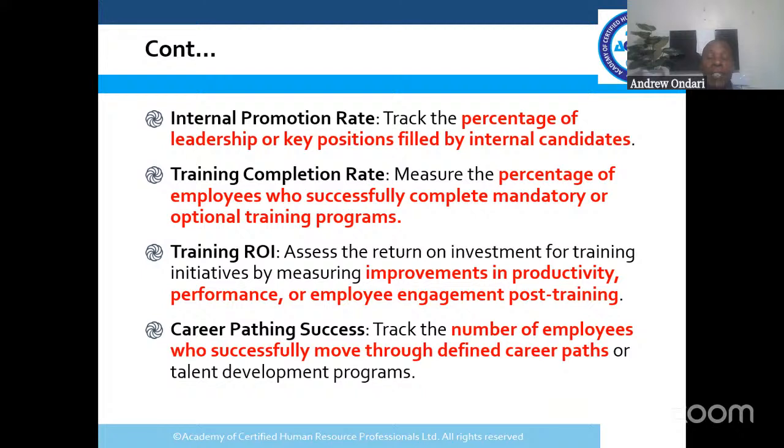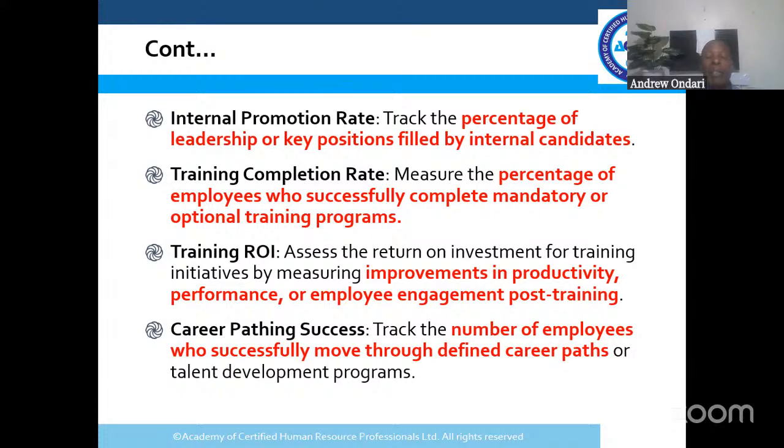And as HR managers, we develop career paths in each of the functions that people specialize in, whether it's marketing, finance, or HR. If it's in HR, the career path will start from a junior HR officer at entry level, then go to senior HR officer, then go to HR manager, go to HR director, up to HR general manager.